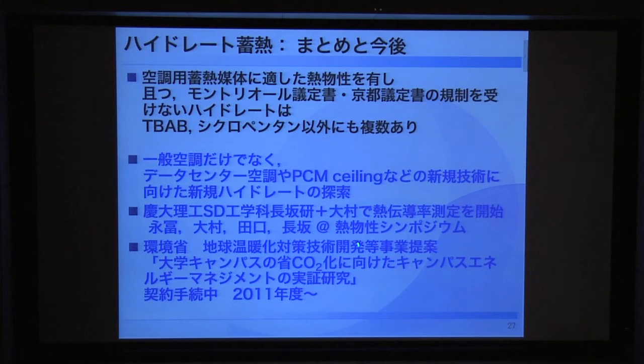And within Keio University, we have a CO2 reduction group, and we're trying to get a fund from the Environmental Ministry. It will be a 3-year project. And for the first time in Keio, a hydrate-based cool energy storage project will be carried out with the Ministry of Environment fund. Thank you.